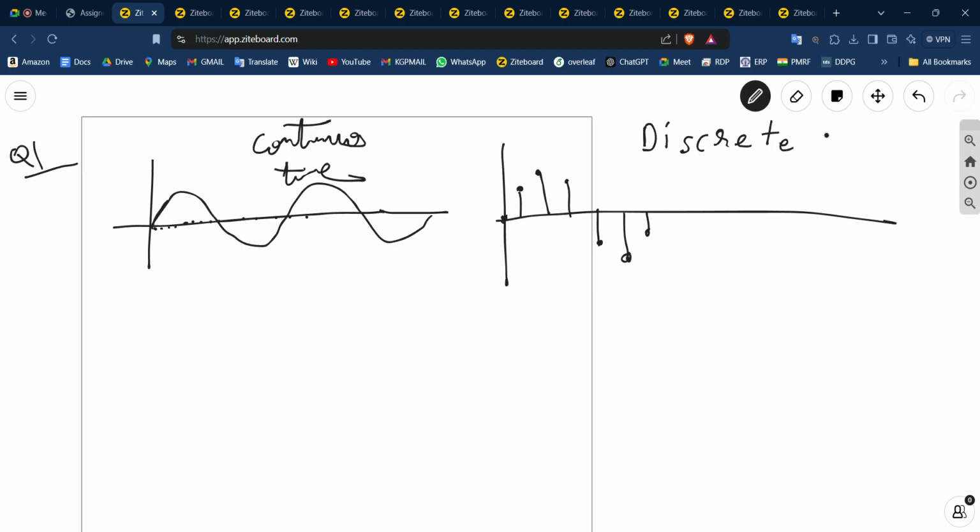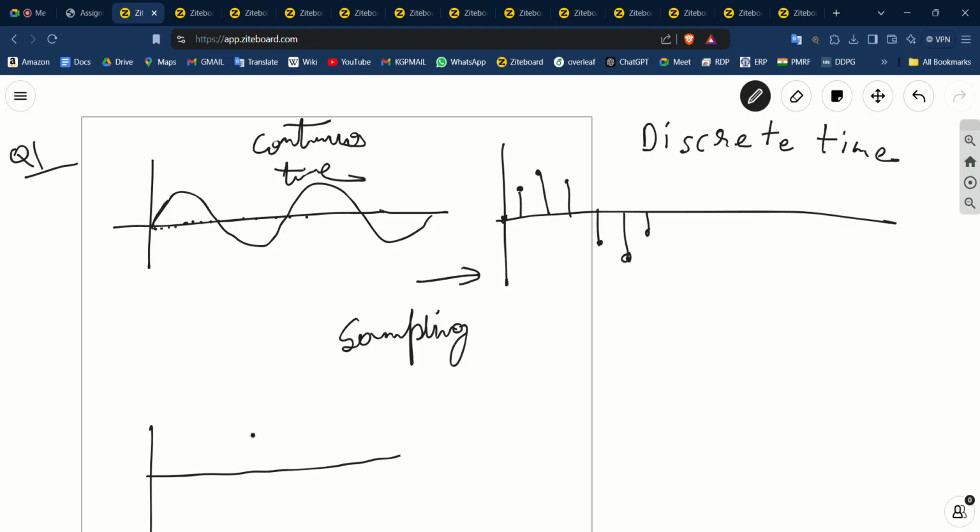So here you can see that sampling clearly converts a continuous time signal to a discrete time signal. This is the effect of sampling. But does sampling convert an analog signal to a digital signal? Let's take a random analog signal, not a regular periodic one like a sinusoid. Let's say something like this. This is an analog signal.